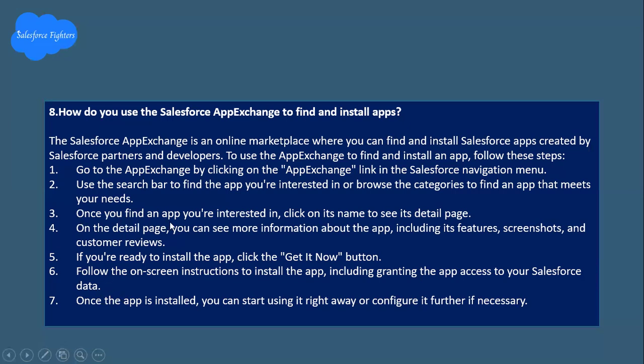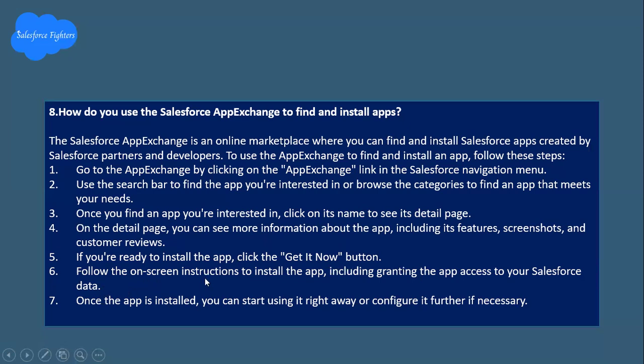Once you find an app you're interested in, click on its name to see its details page. On the details page, you can see more information about the app, including its features, screenshots, and customer reviews. If you are ready to install the app, click on the Get It Now button.